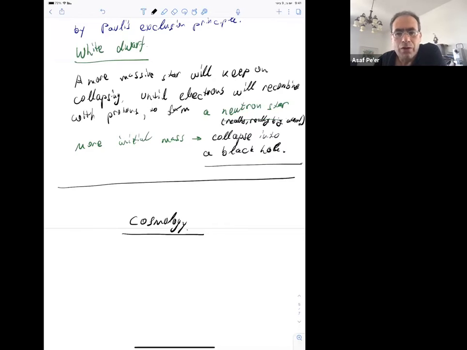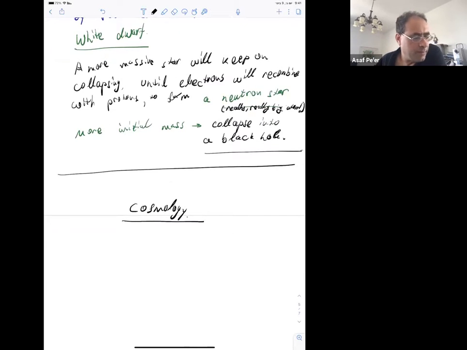Cosmology is the study of the universe as a whole, the global properties. And again, the starting point is a solution to Einstein's equation. That's where it all starts.